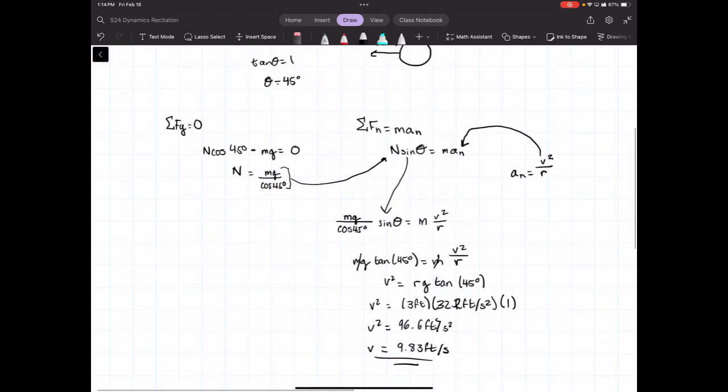So n is going to equal the weight of the sphere, which is 2 pounds, divided by cosine of 45 degrees, and when we do that out, that's going to be 2.83 pounds.